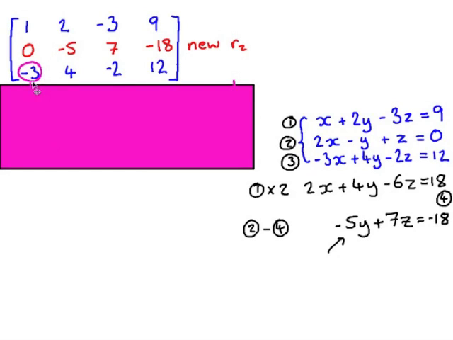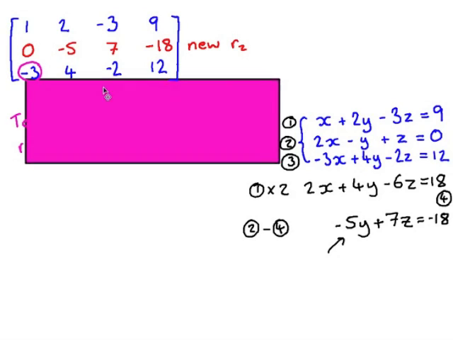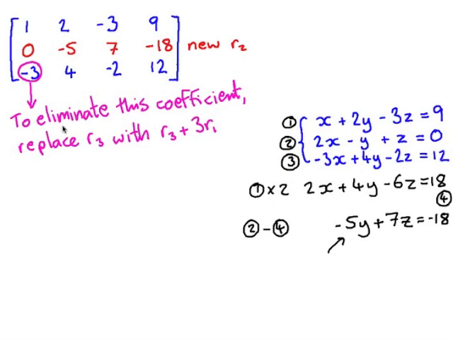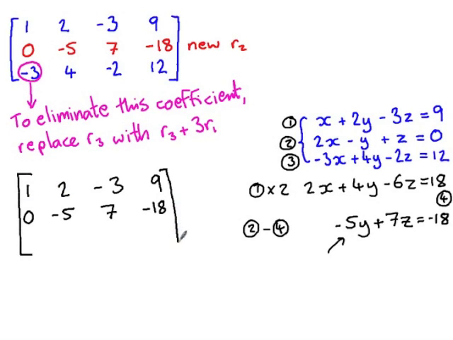Next I'm going to eliminate this negative 3 from the matrix. And to do that, I'm going to replace row 3 with row 3 plus 3 lots of row 1. Hopefully you can see why that's the case. So my first two rows will be unchanged from the previous step. And then my new row 3 is going to be row 3 plus 3 lots of row 1.